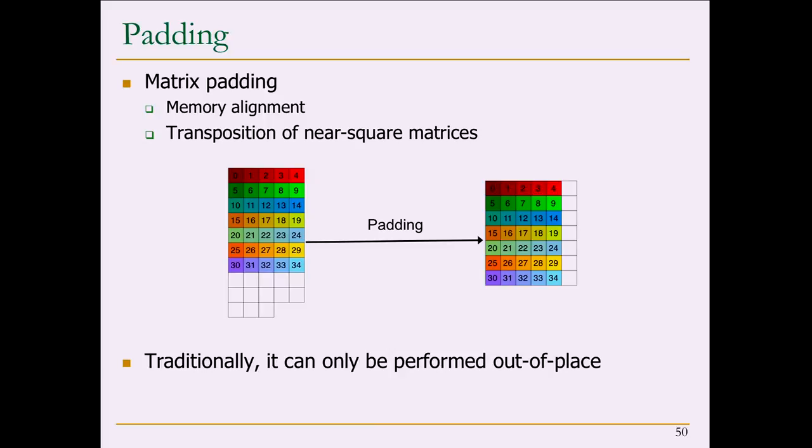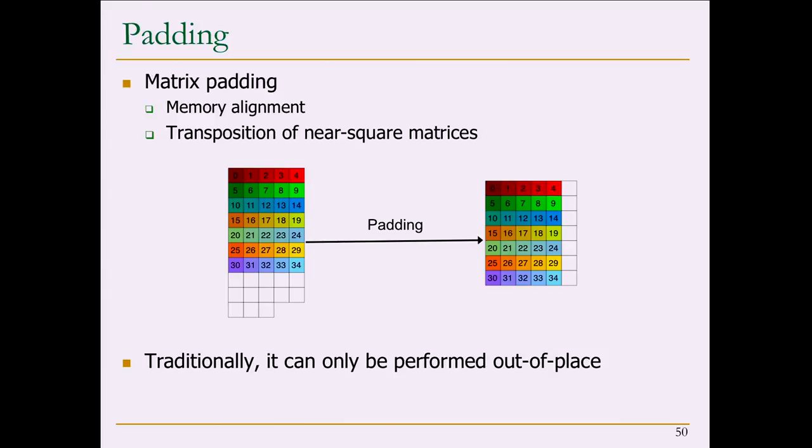That's what we usually have in mind, in particular for in-place matrix transposition. In place means that the output matrix will be exactly in the same place as the input matrix. But actually, this is that simple only for square matrices, where we just need to swap elements that are at the same distance from the diagonal.